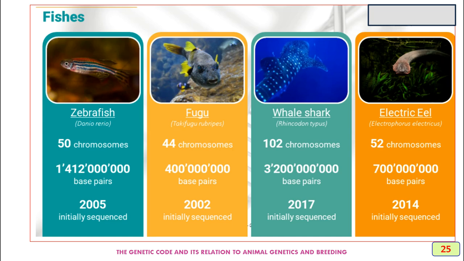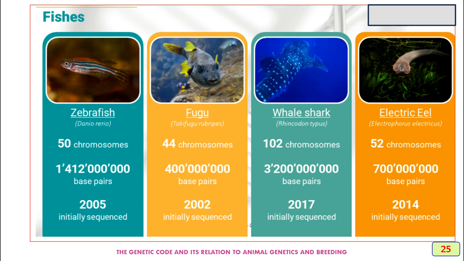Then the whale shark, whale and shark are different types of things. Even then, the whale or the shark do contain 102 chromosome pairs in their body.